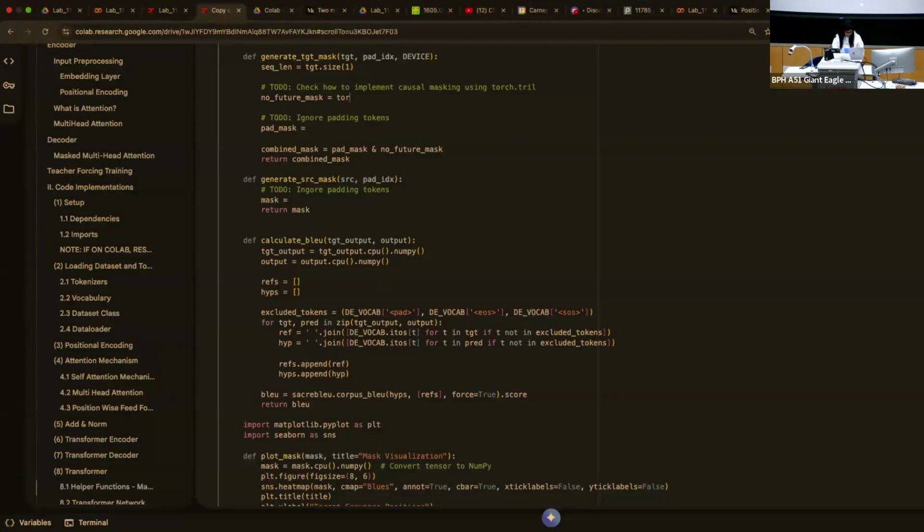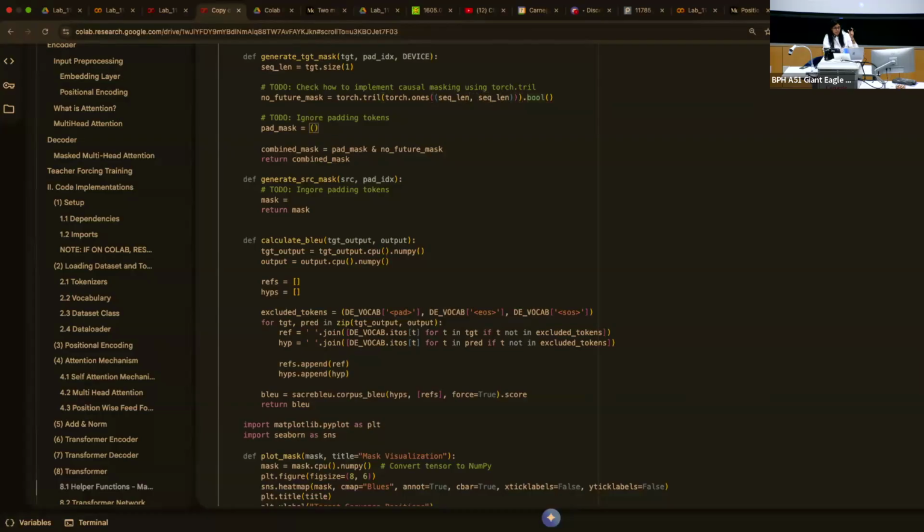So in the beginning, if you remember, we added some padding.